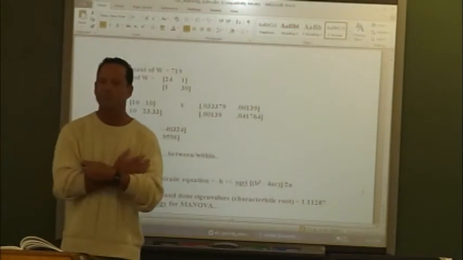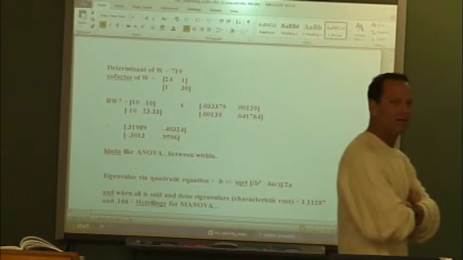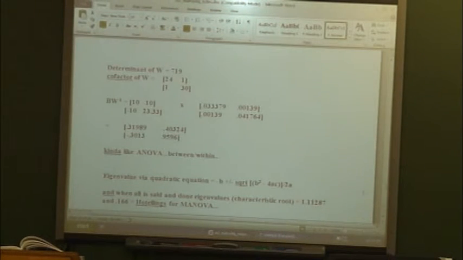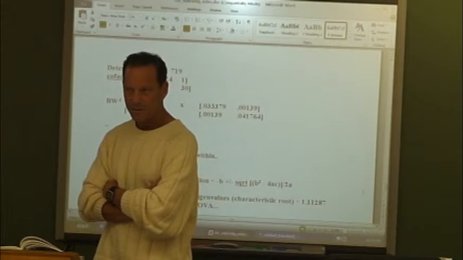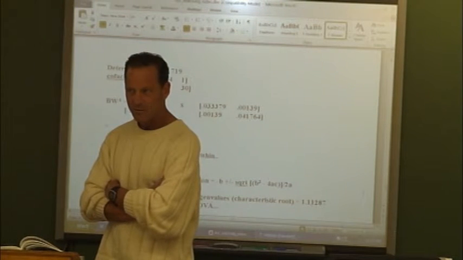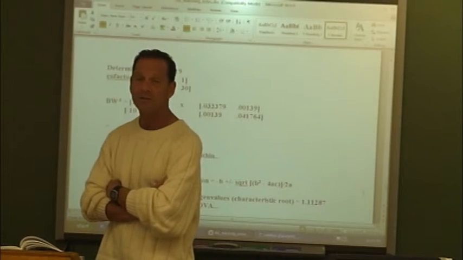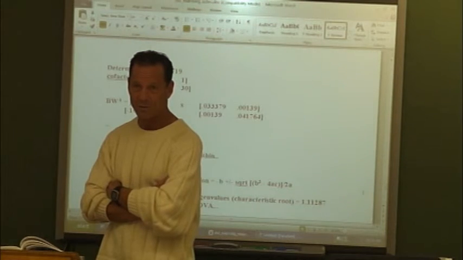Now you can do B times W to the minus 1. That sure reminds me of ANOVA, when you had what over what? What did we say a million times in the sum of squares?